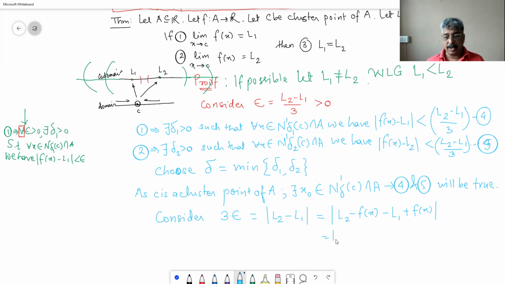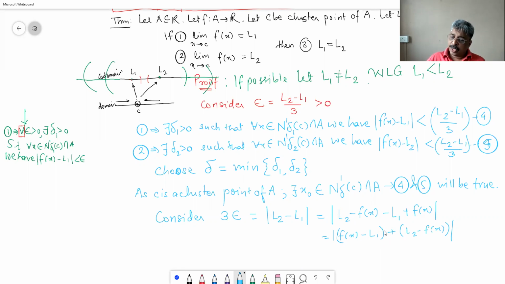This is equal to absolute value of f of x minus L1 plus L2 minus f of x. Okay, so now I want to have absolute values here.